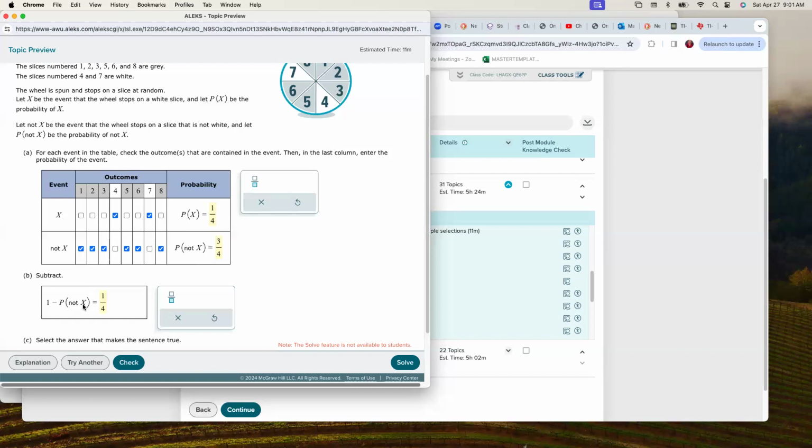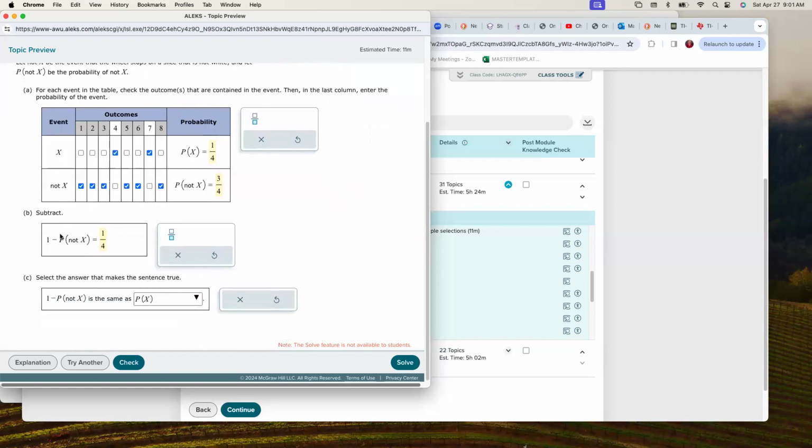So I can always find the probability of the complement or the event by simply taking the one I know and subtracting it from 1. So for part B here, they just tell us to subtract this and we get the 1/4. They're not proving it, but just illustrating with this example that 1 minus the probability of a complement is the same as the probability of that event. I could just as easily say 1 minus the probability of the event is equal to the complement as well. It's just going to depend how they word this stuff.